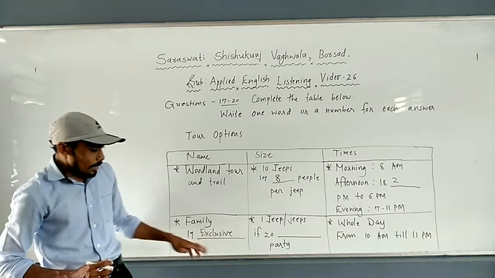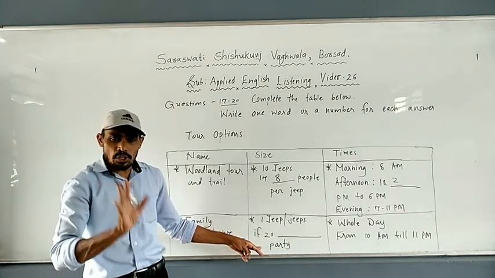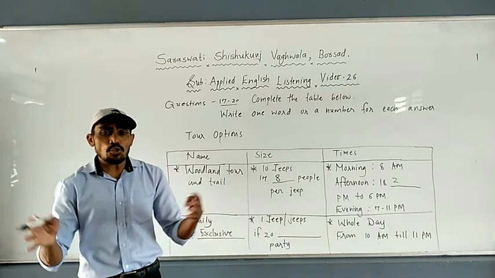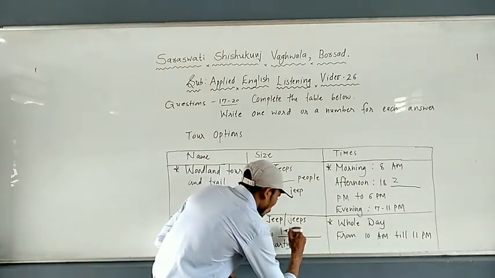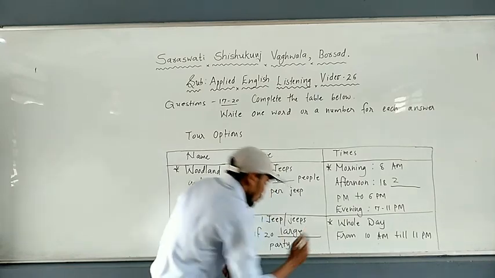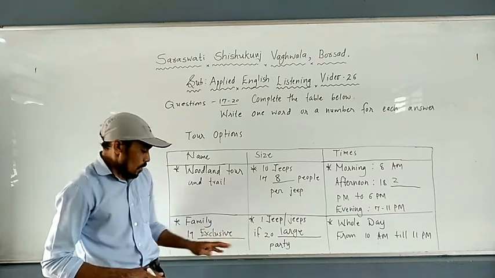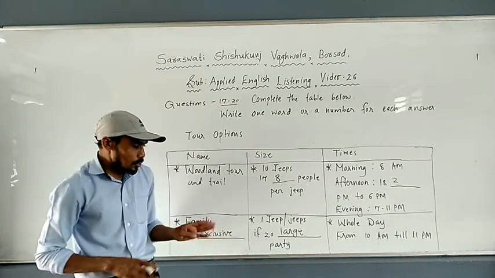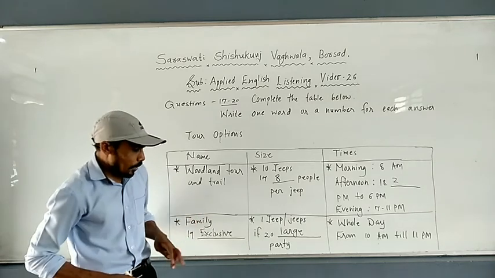It is done usually with only one jeep, but if there is a large group, we give an extra jeep. So here I write the answer: large. Large party, and it's a lot of fun when you go for a family exclusive.